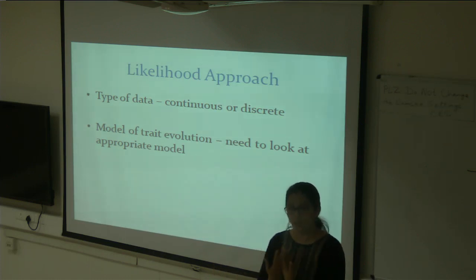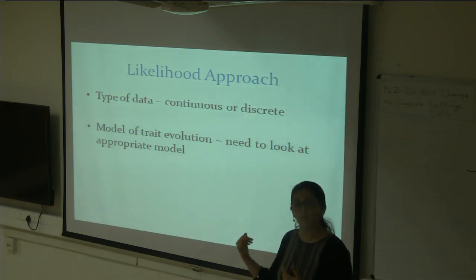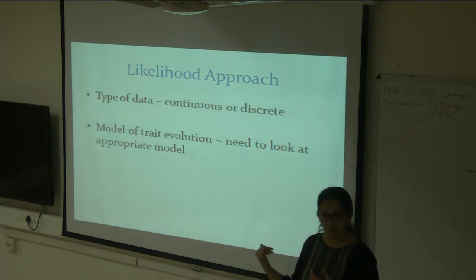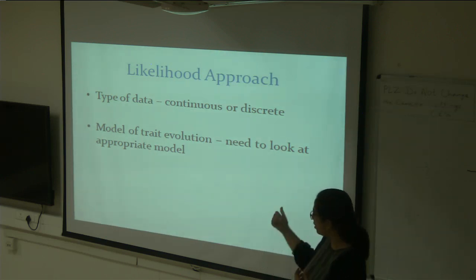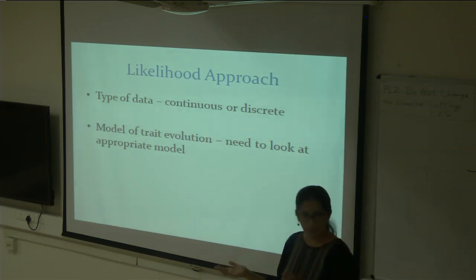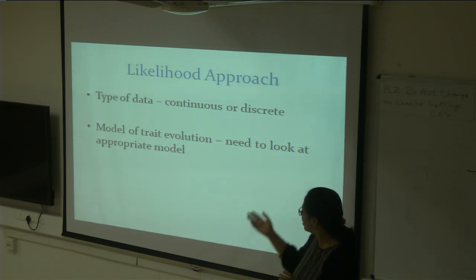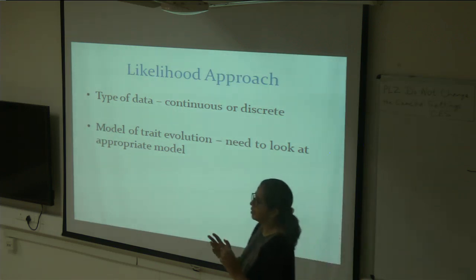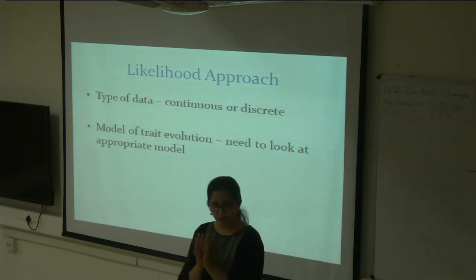We just thought about a continuous trait following a normal distribution, or an exponential distribution or Poisson distribution. Based on that, you will select the appropriate model of trait evolution when you do the likelihood approach for ancestral trait reconstruction.